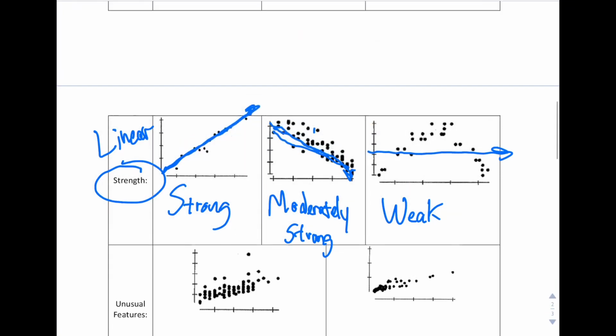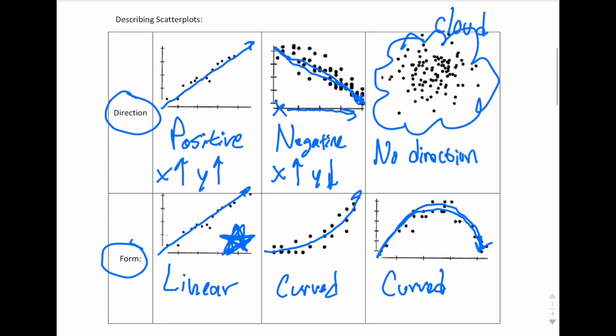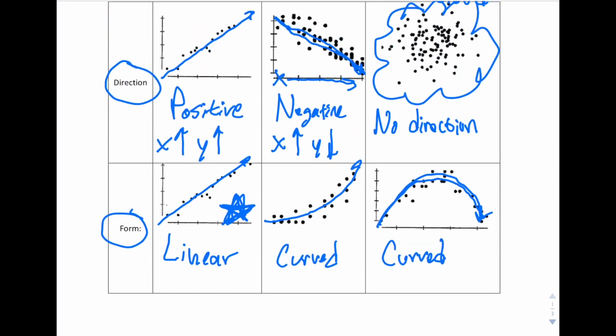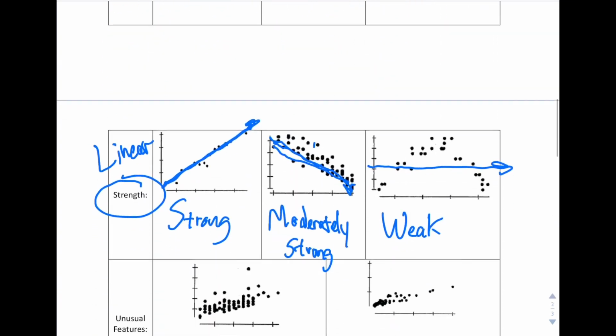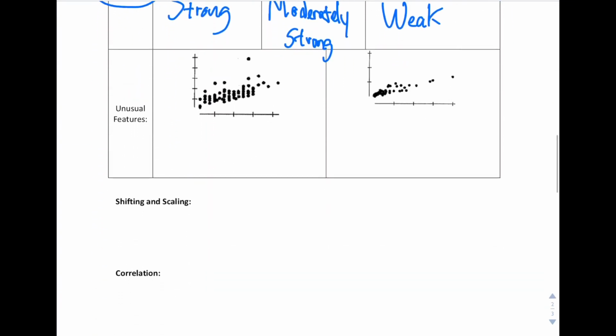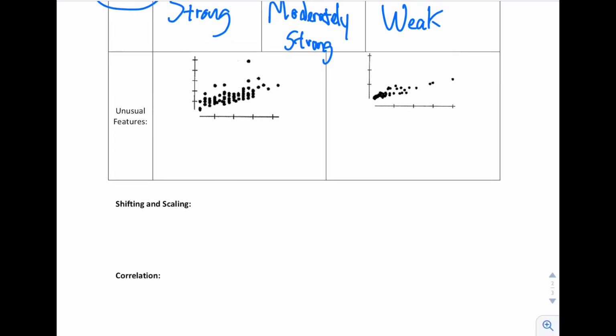So just recapping, we have direction, form, and strength. That's how we describe scatter plots, describe the association. And just like with other graphs, any unusual features are definitely something to talk about. So in this case, let's look at this first graph.